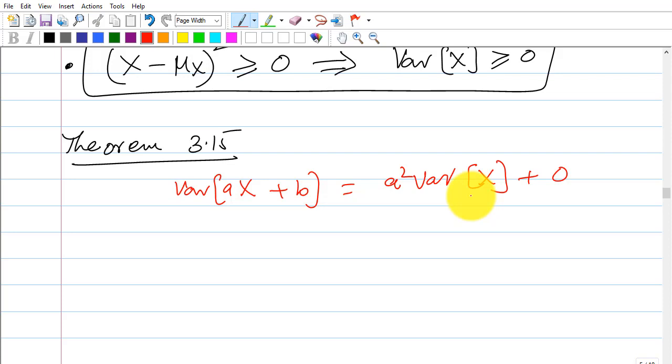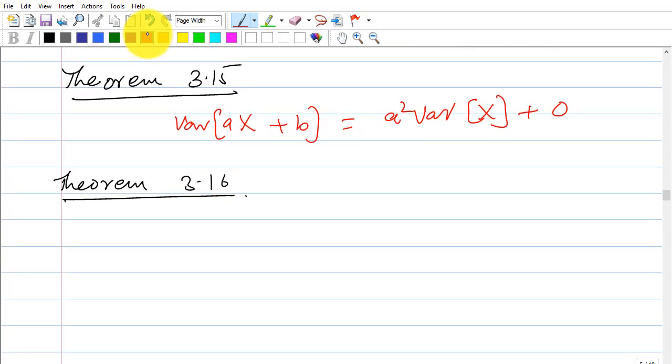So there is another very interesting theorem, 3.16. Now we have seen in this chapter that there were some families of random variables, and we defined that those families give us the freedom to have a single formula.